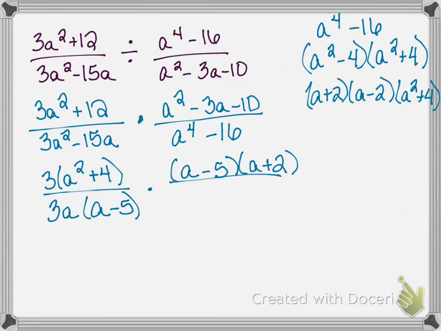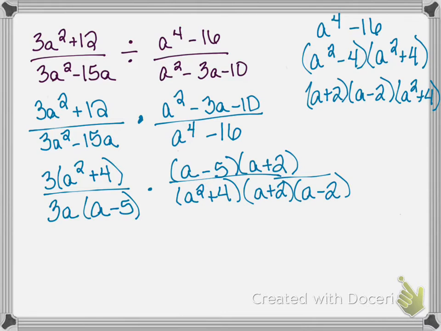I can't do anything else with a squared plus 4. But a squared minus 4 is what? It's another perfect square. So then I get a plus 2 and a minus 2.